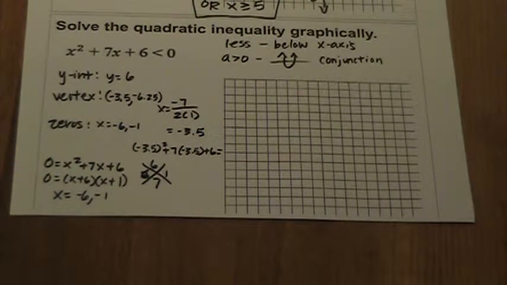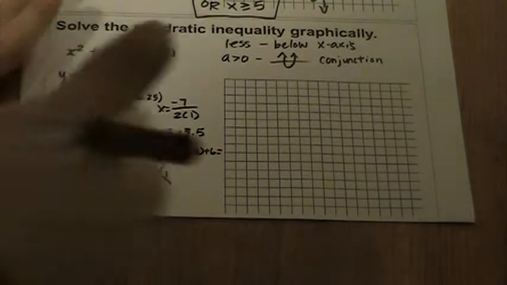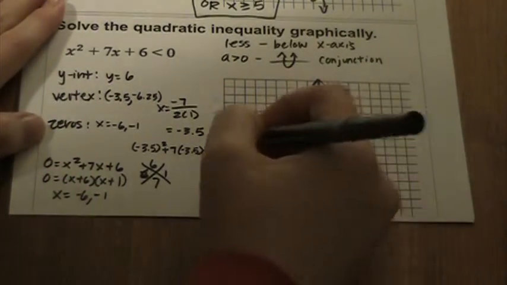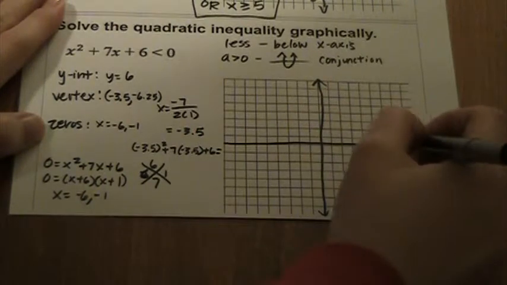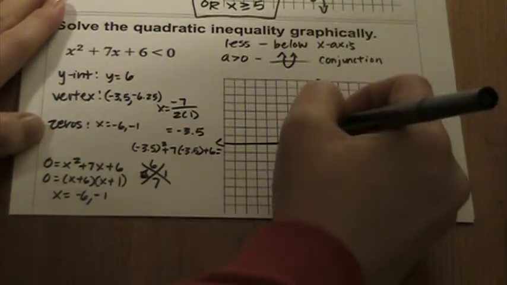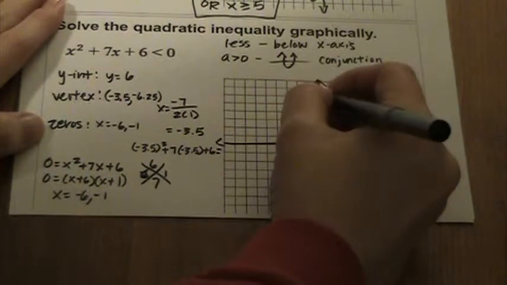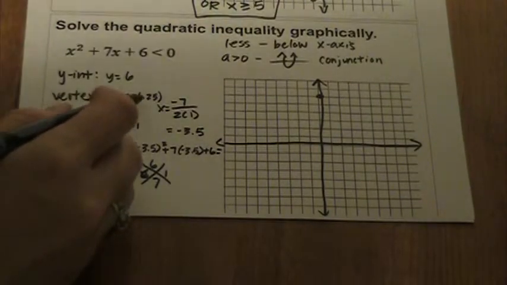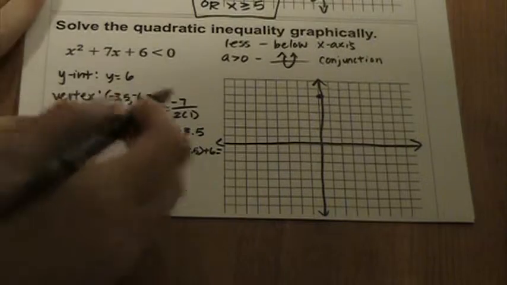Alright, now that I've got all that information, I'm going to graph my parabola. I'm going to plot the y-intercept at 6, and my vertex at negative 3.5, negative 6.25. Of course, I'm going to have to estimate.